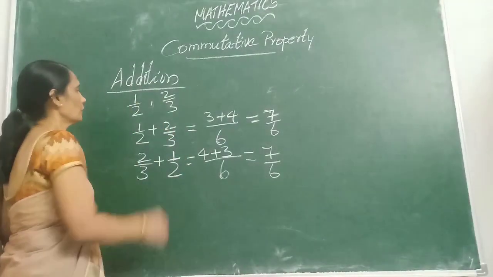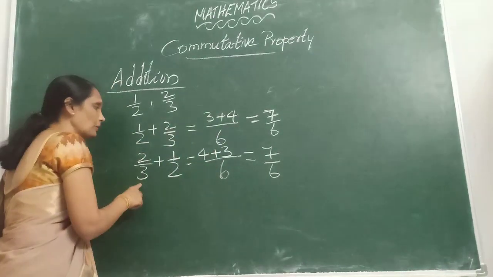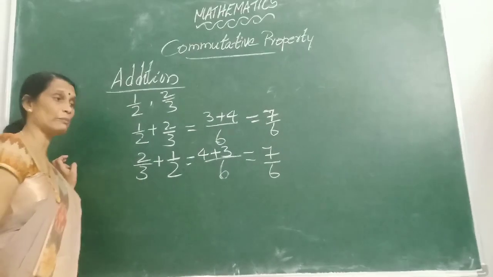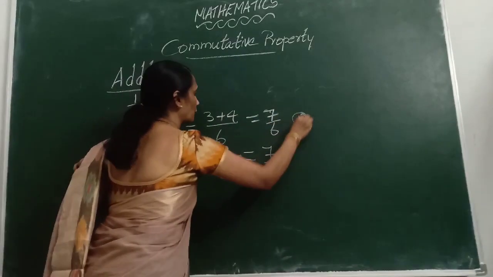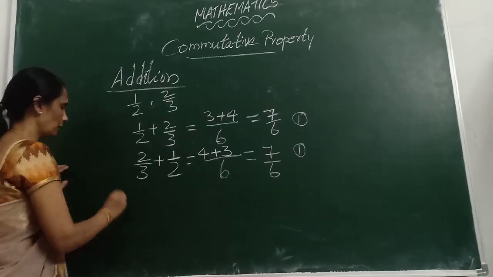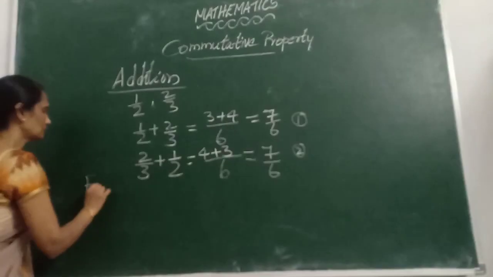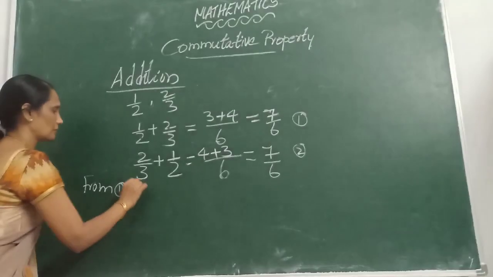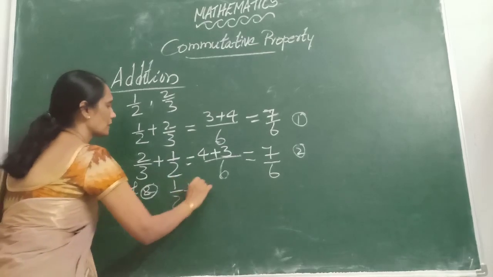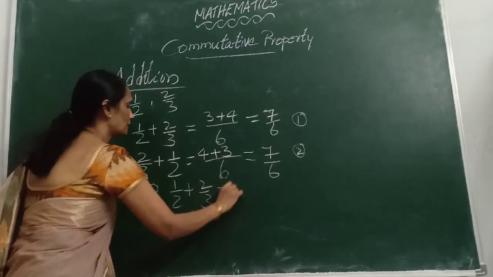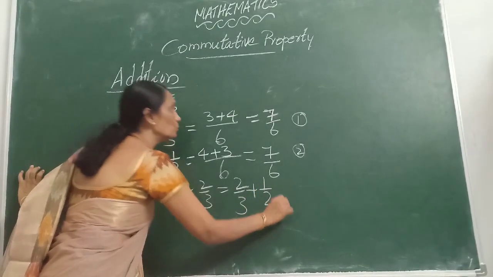See here, 1 by 2 plus 2 by 3 we got 7 by 6, and 2 by 3 plus 1 by 2 also we got 7 by 6. So from this, from 1 and 2, we can write that 1 by 2 plus 2 by 3 is equal to 2 by 3 plus 1 by 2.